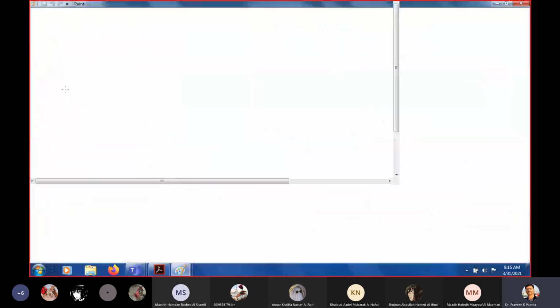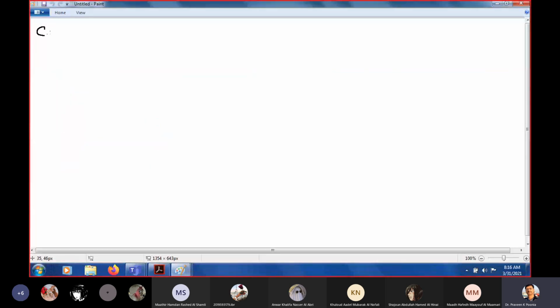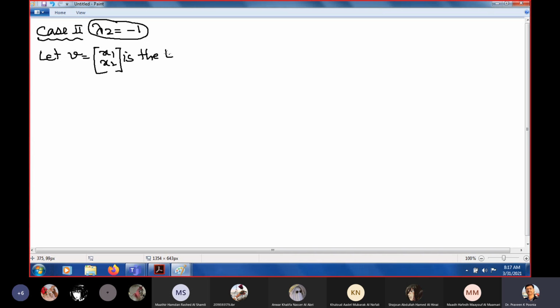Okay, so case number 2 is lambda 2 equals minus 1. The second eigenvalue is minus 1. So same, let v equal x1, x2 be the eigenvector.